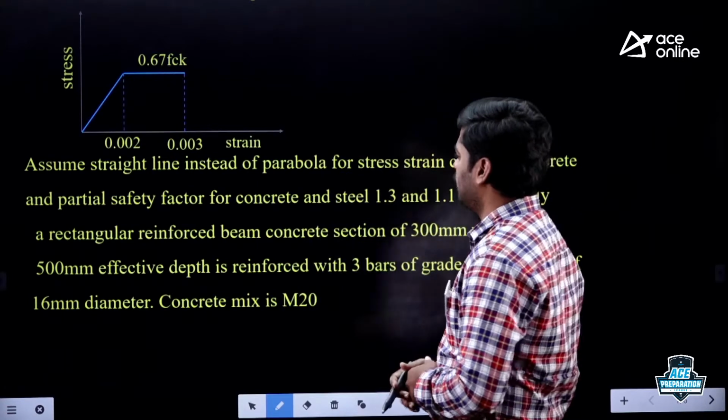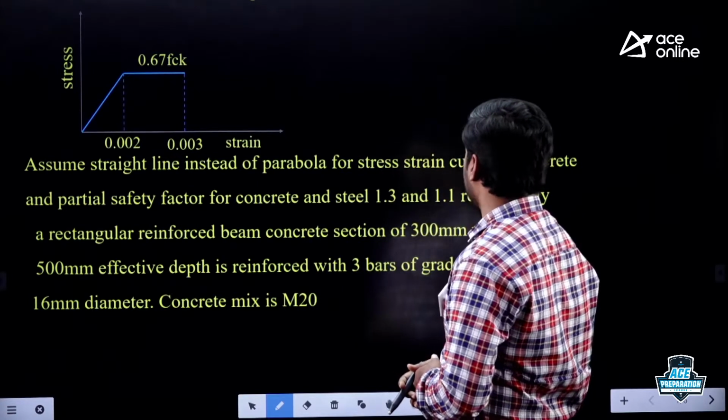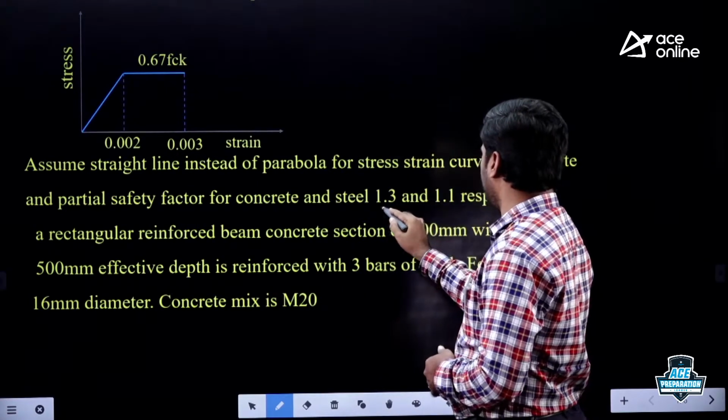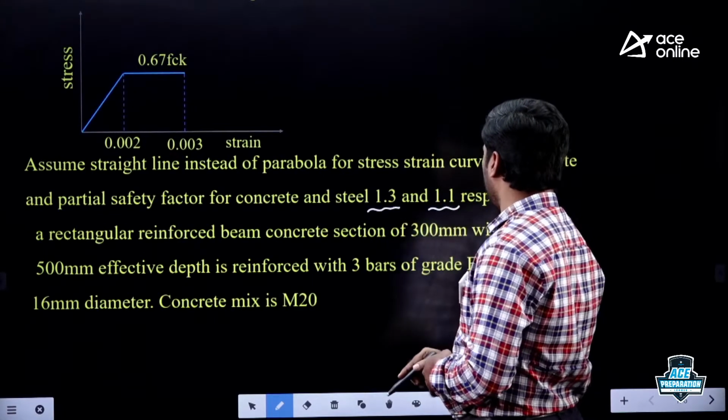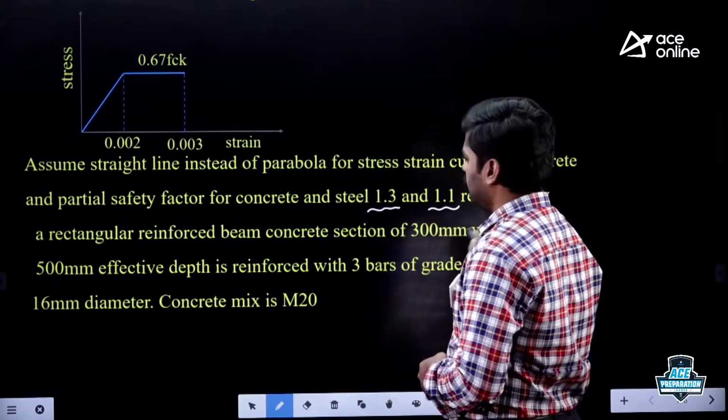Stress-strain curve of concrete, and the partial safety factors for concrete and steel are given as 1.3 and 1.1 respectively.